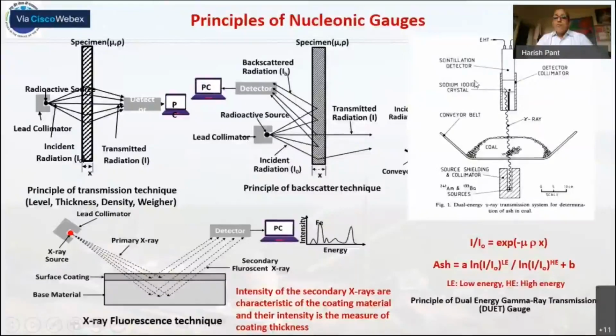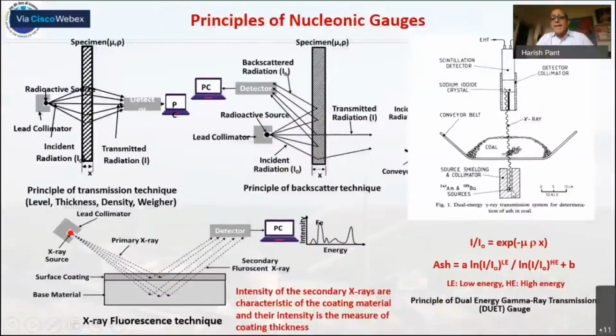This is the principle of the dual energy gamma ray transmission gauge, which I already told you is used to estimate the quantity of ash in coal. And this is a conveyor belt here, and this is the coal being transported on this conveyor.